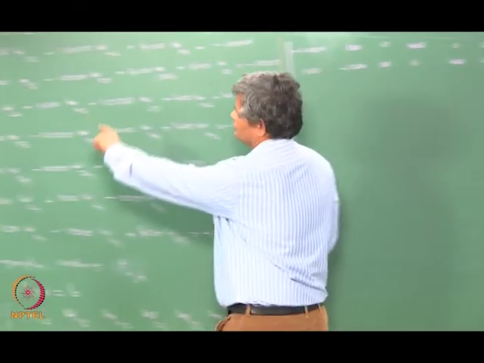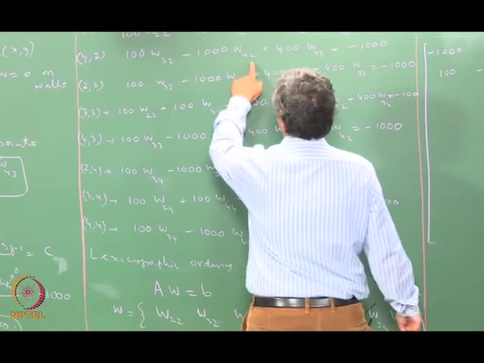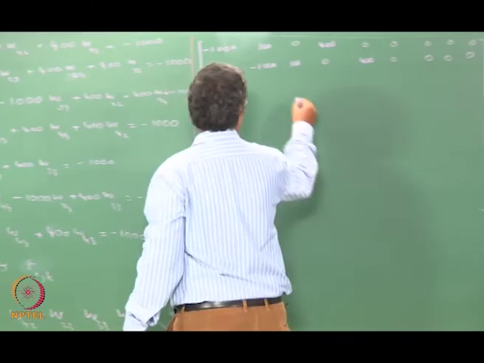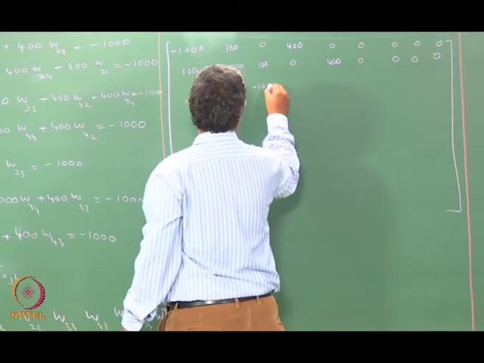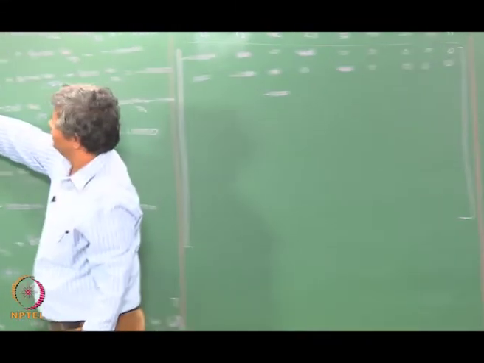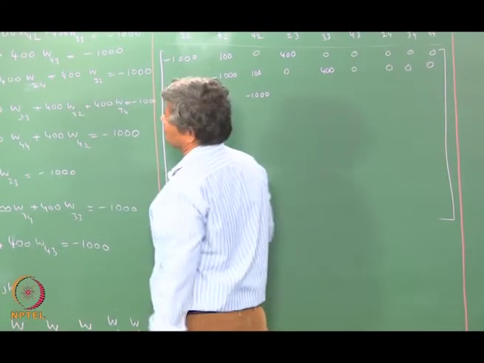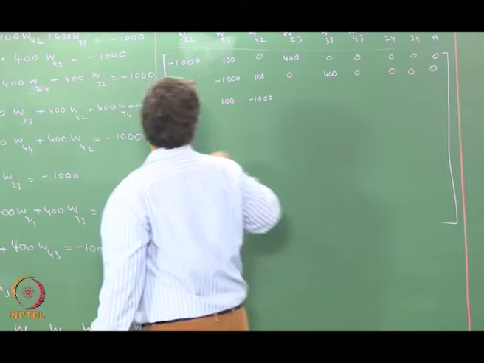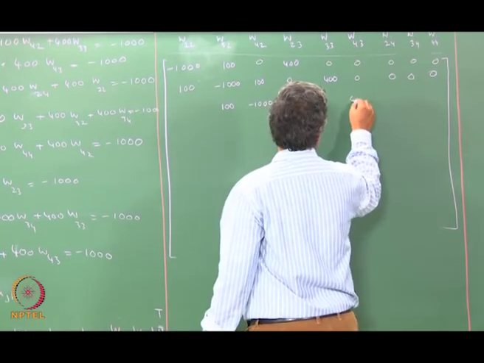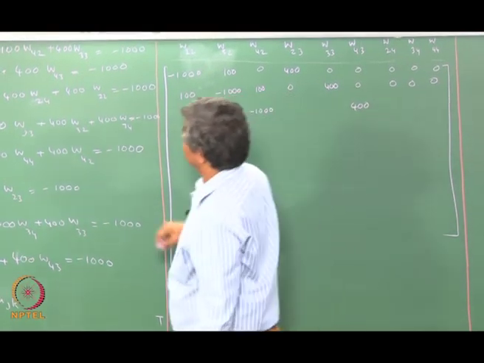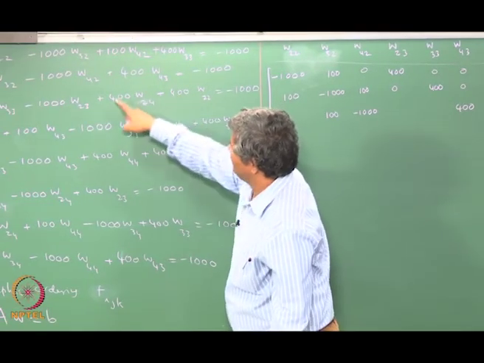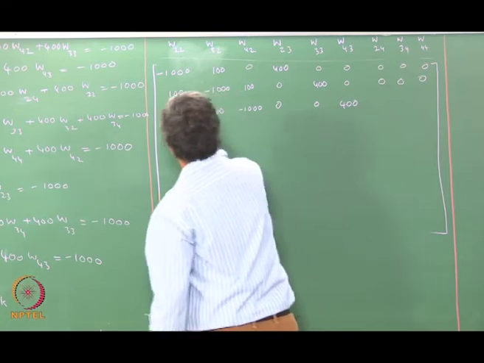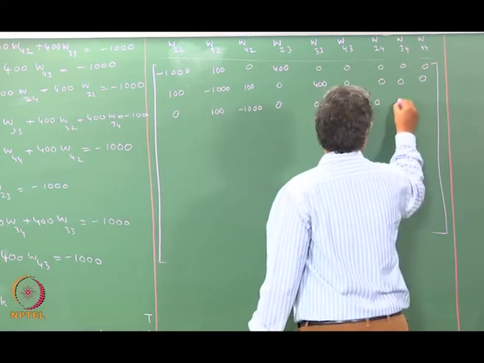Now we take this one here: W42 is minus 1000, W32 is 100, W43 is 400, and all the others are 0.